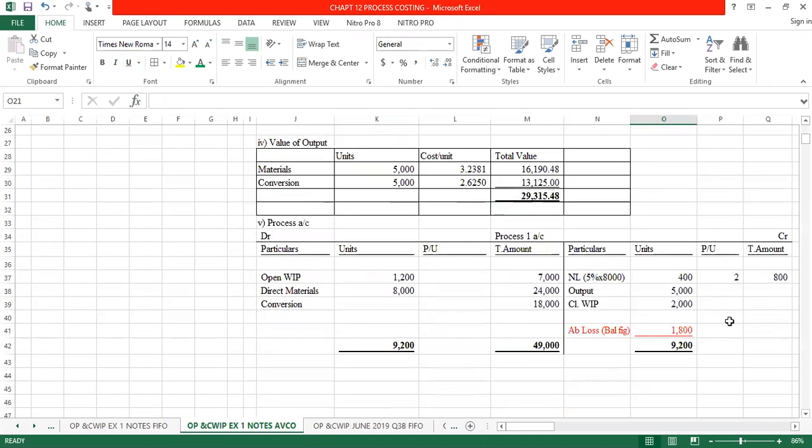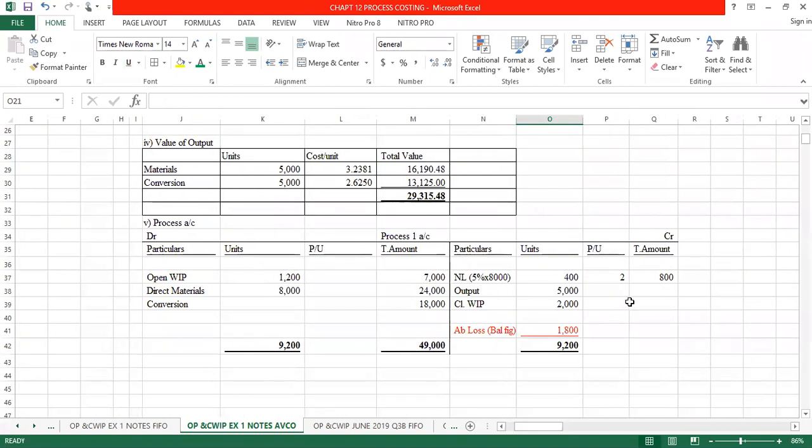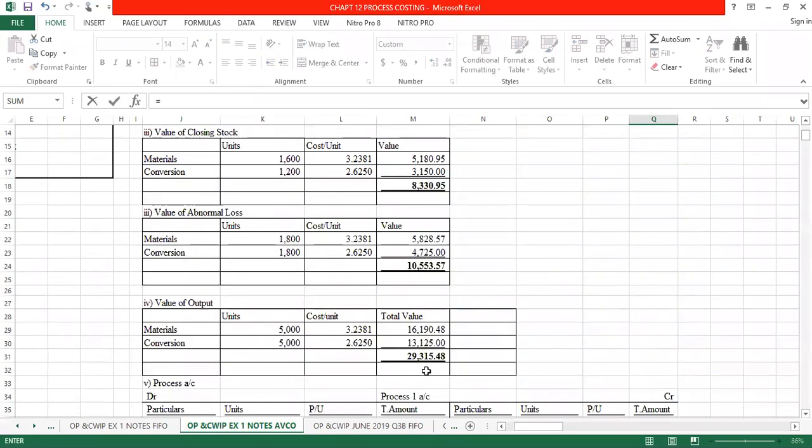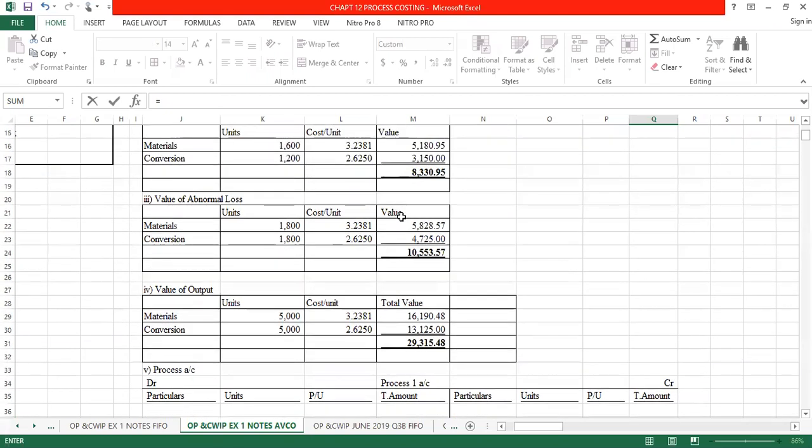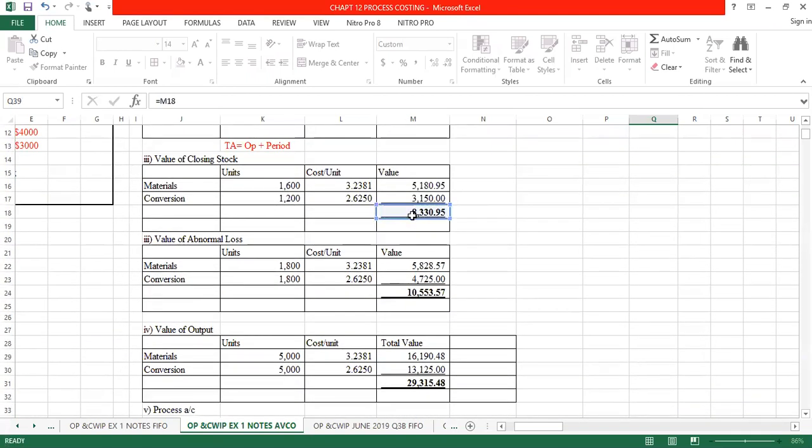So let's start with the first one, which is the value of output. What is the value of output? This one, 29. Value of closing work in progress is that one.